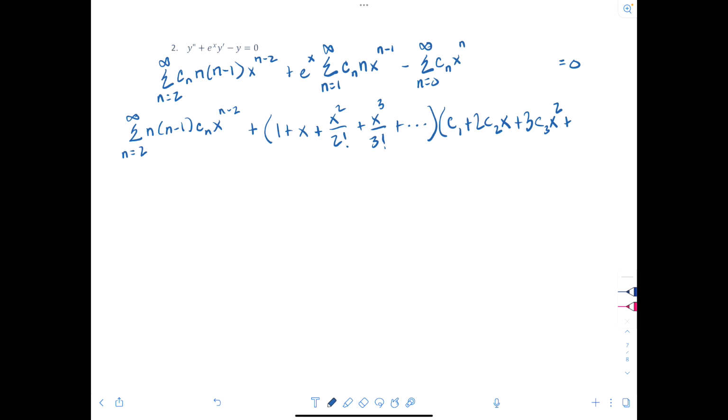We'll end up with 4c4 x cubed plus ... And then we still have another summation hanging around. And all of that equals 0.